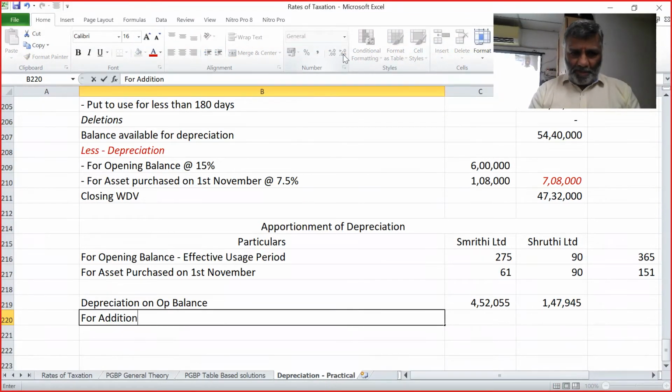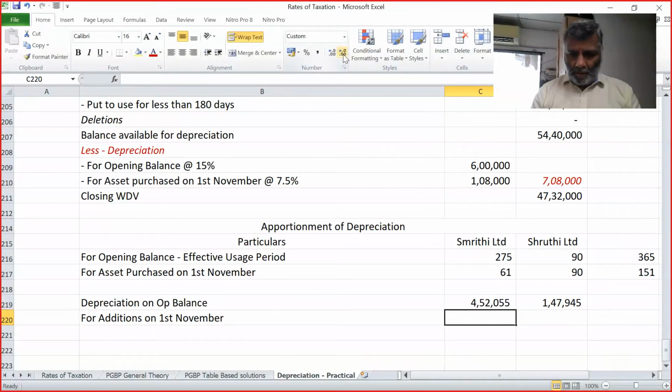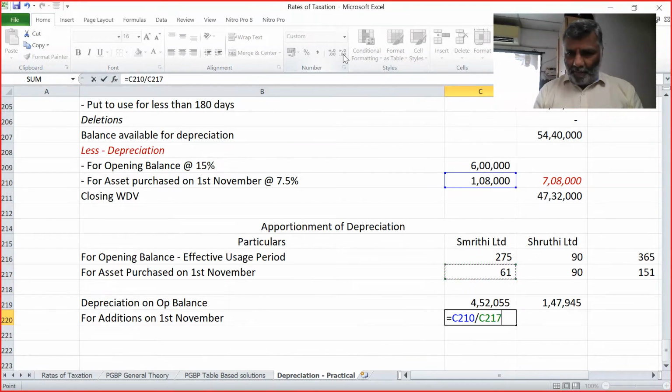For additions on 1st November, 1,08,000 divided by 151 into 61.